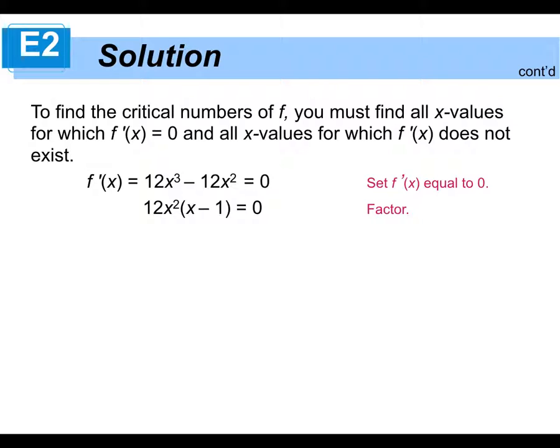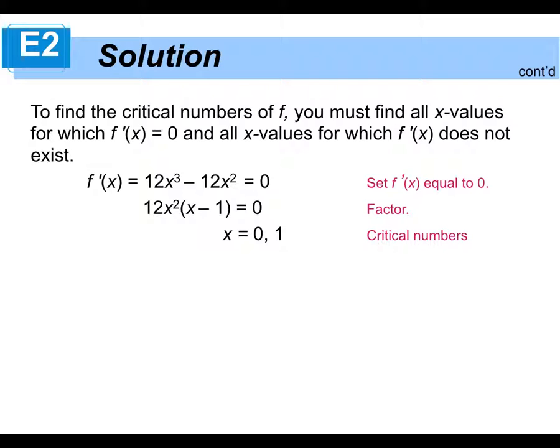And therefore my critical numbers are 1 and 0. Good. Critical numbers, which you'll probably get in the habit of abbreviating as CN. Capital C, capital N.